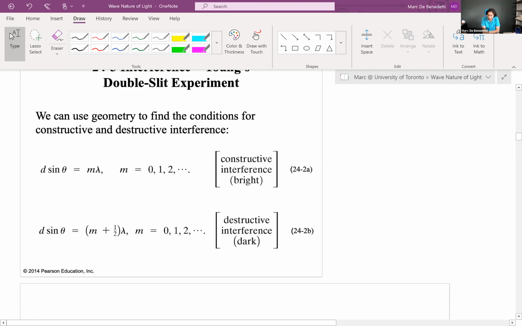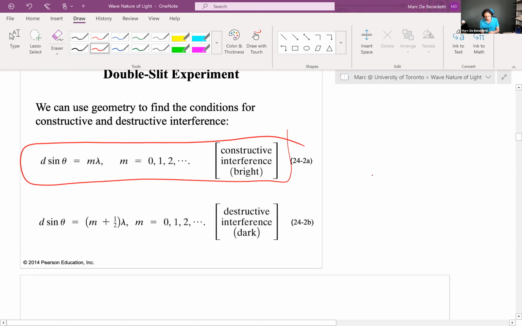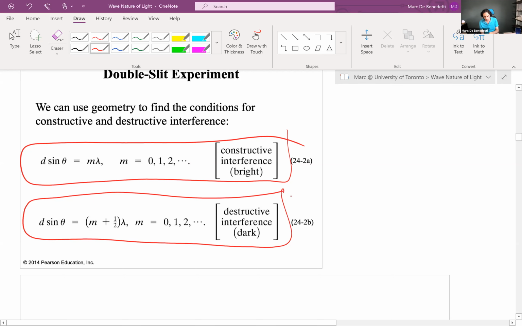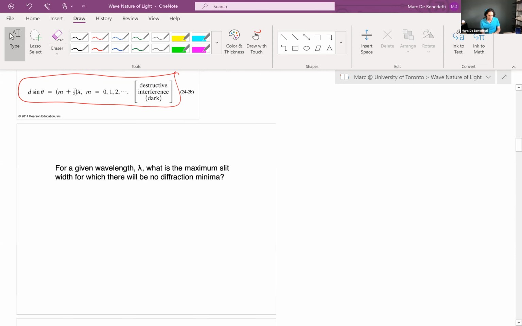It's simply, what does it mean to be in phase and out of phase, in conjunction with the geometry and quantifying the path difference. So it's not a super rigorous derivation by any imagination. This is how you can predict the bright spots, and this is how you can predict the dark spots. We will come back to theta momentarily, I promise.